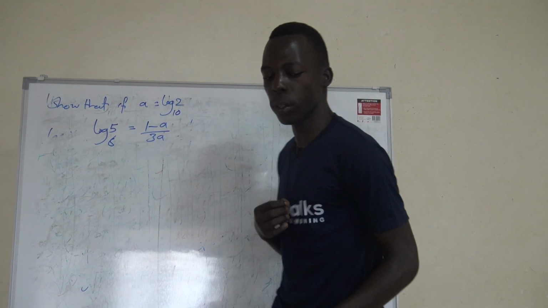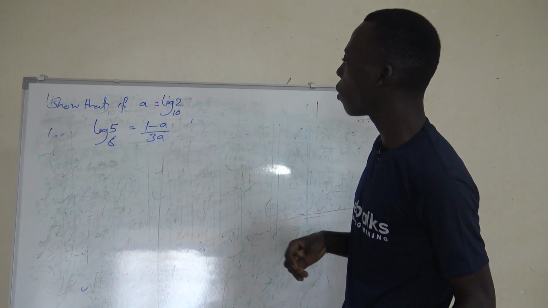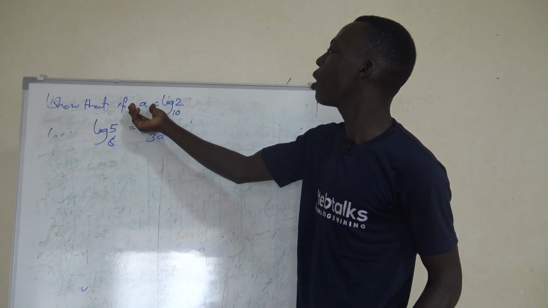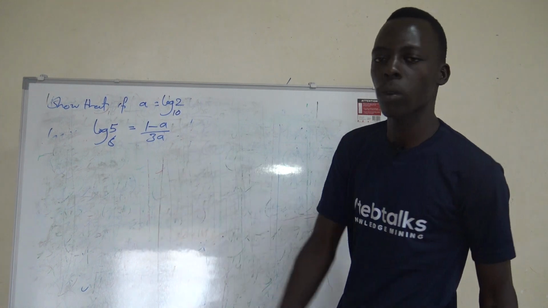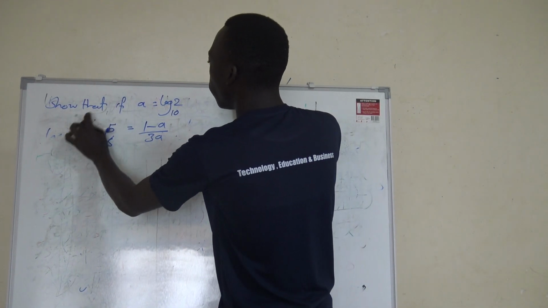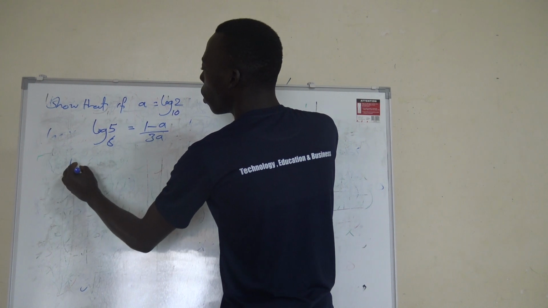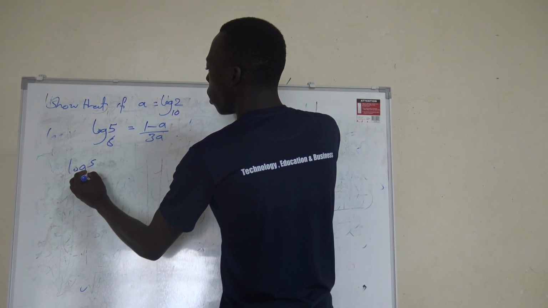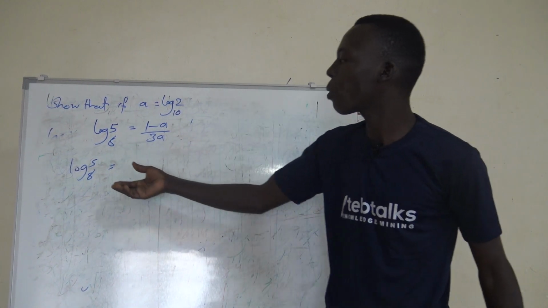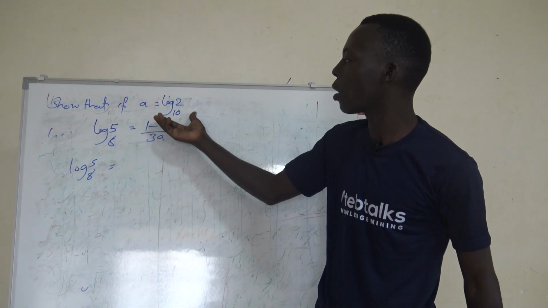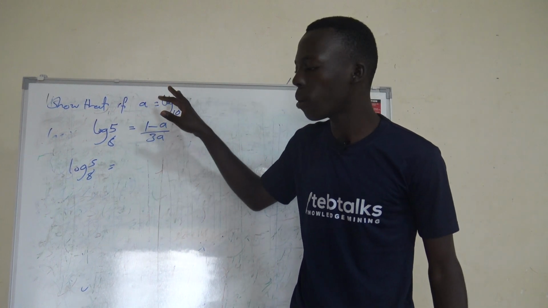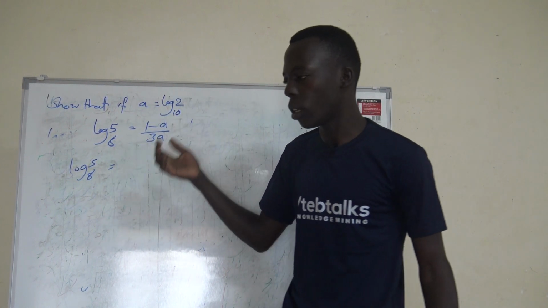So how do we deal with that? The first thing is to see what they have given you. They are saying that a is the log of 2 base 10. So we deal with log of 5 base 8 first, and we have to express it in terms of base 10.